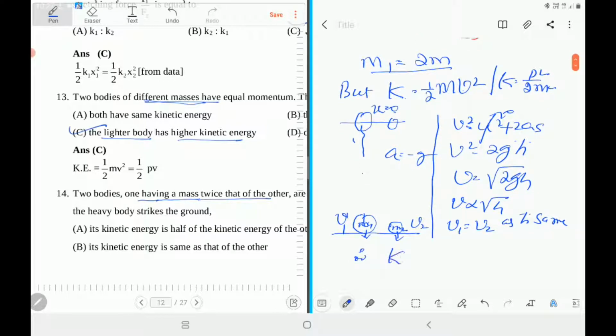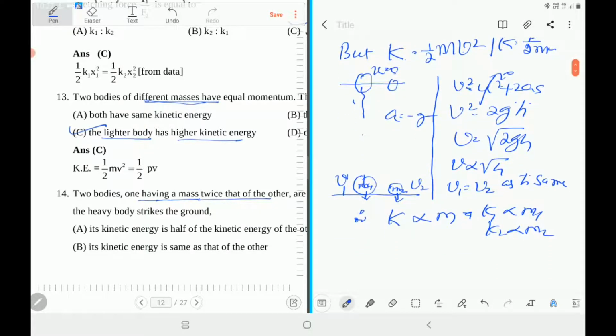Therefore, now kinetic energy depends only on mass, which means K1 is proportional to m1, K2 is proportional to m2. You know what m1 is? It is 2 times m2. Look here, the proportionality constant is the same for both expressions, but the term 2 is here.